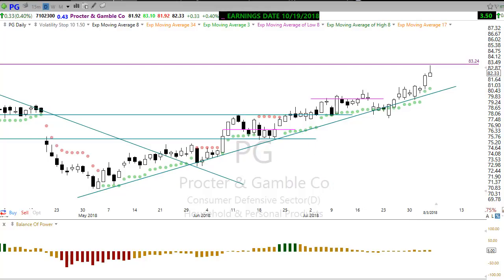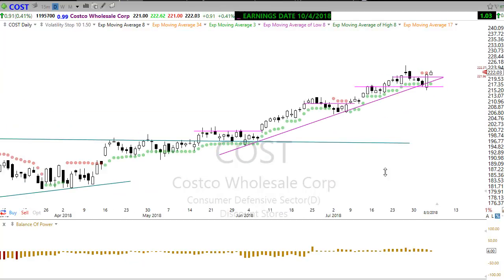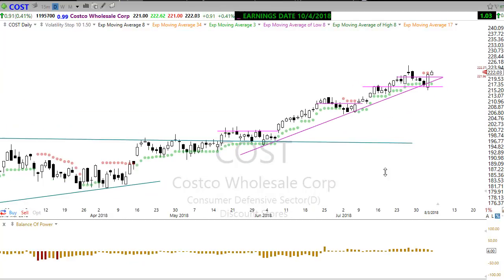Take a look at Costco as an example. A little pickier in the trades. Stays above the volatility stop. You can see those moves. It's marking out support, resistance, and trend.